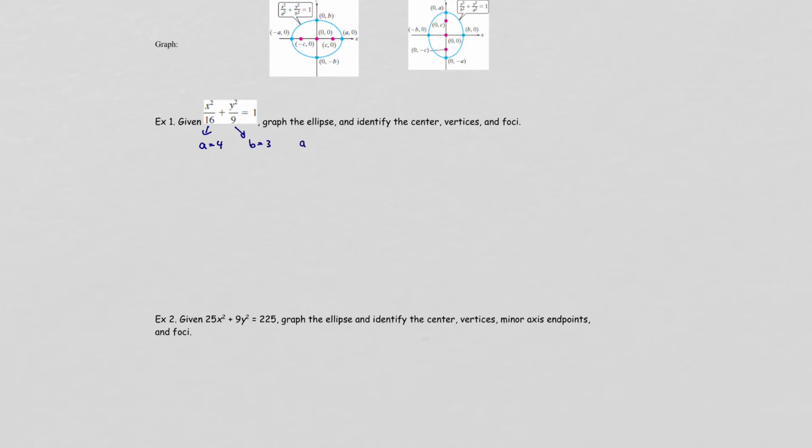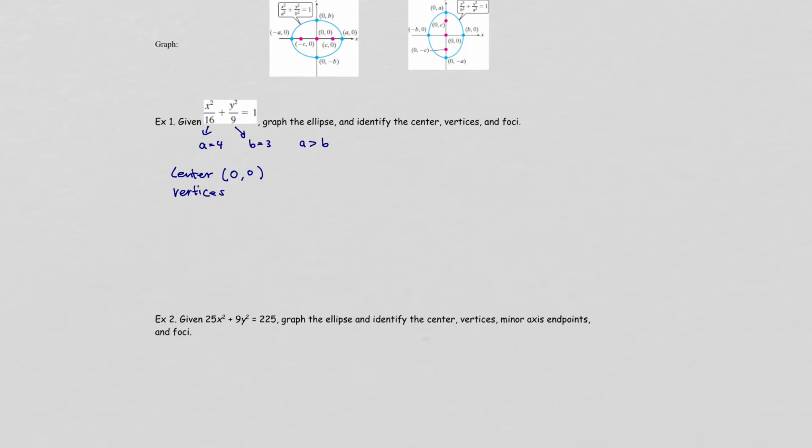And we can see a is bigger than b, so this is going to be a horizontal ellipse. Let's find the center. In this case, you don't have any numbers attached to x and y, so your center is going to be 0, 0.